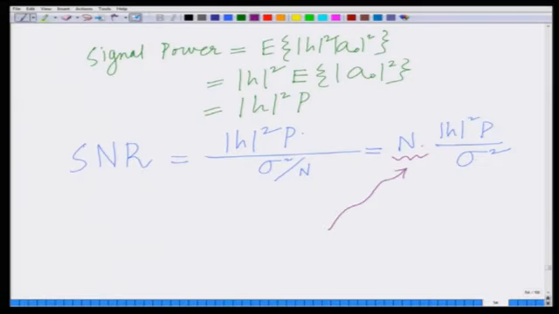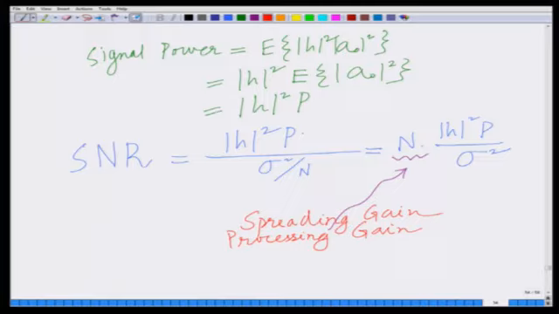In a CDMA system, this gain of N, which is arising due to the spreading code of length N, is known as the spreading gain or the processing gain of the CDMA system. So, this factor of N increase in the SNR is known as the spreading gain, or the processing gain of the CDMA system.